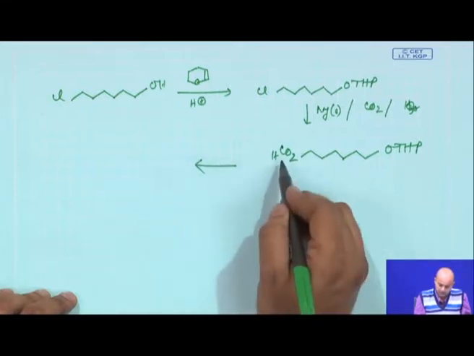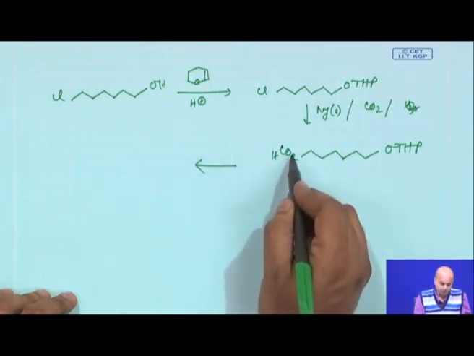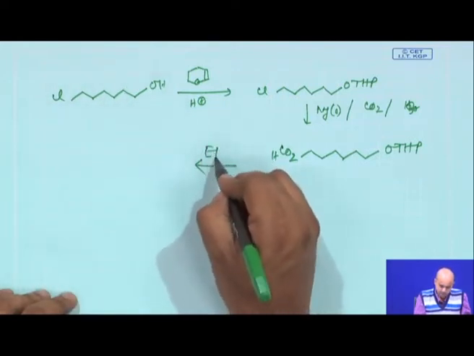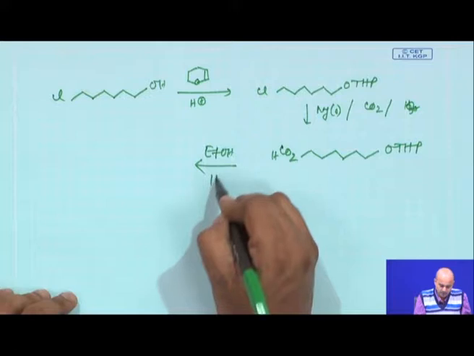Now, next your carboxylic acid needs to be converted to the corresponding ester which was required. Now, you react with ethanol and strong H plus.